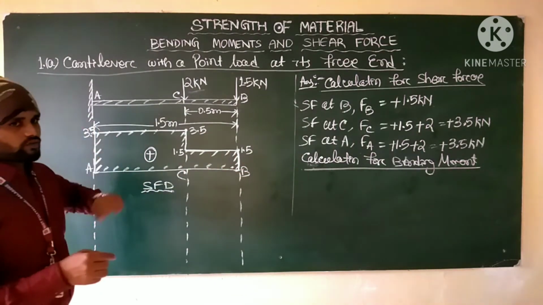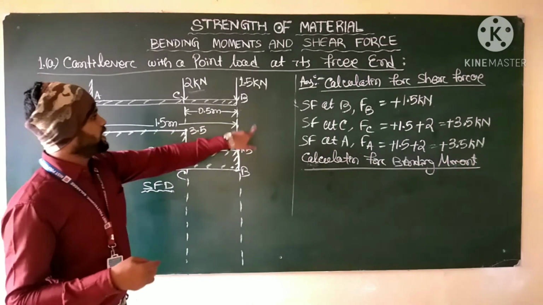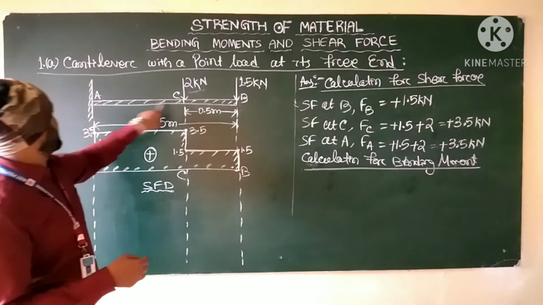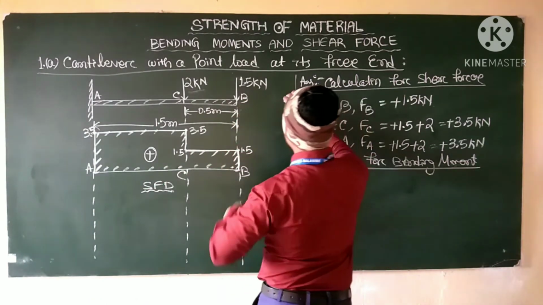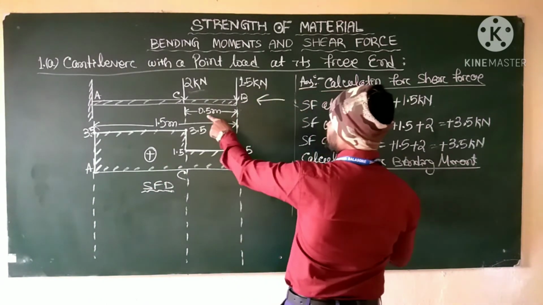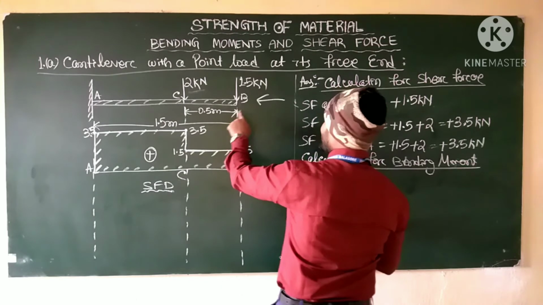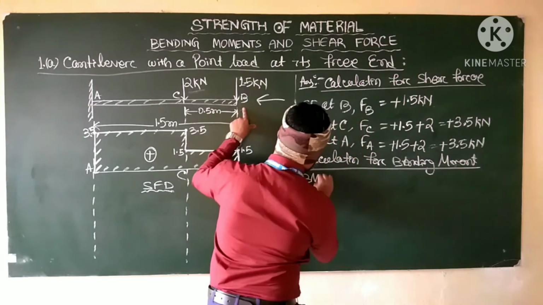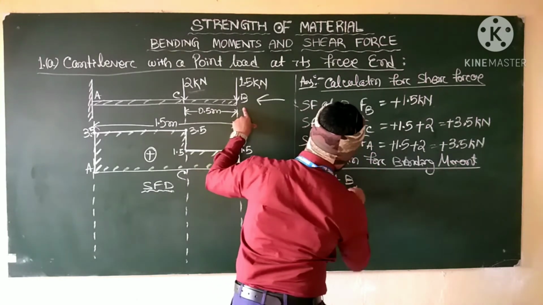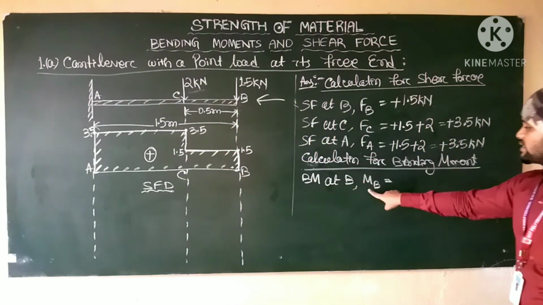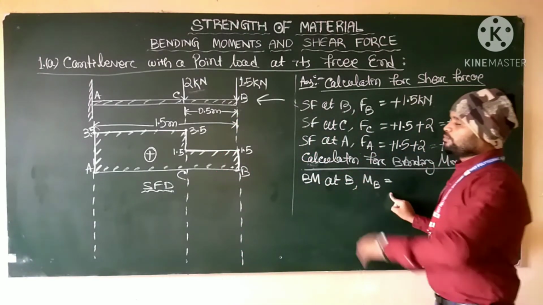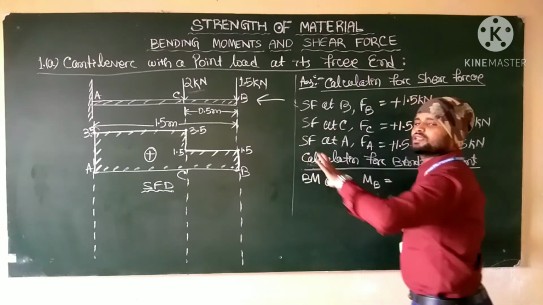Similarly to the shear force, we will now calculate the bending moment at point B, at point C and at point A. So first, what will come? B point, we will go from the right side, the free hand side. So bending moment at B, we can say MB equal to.